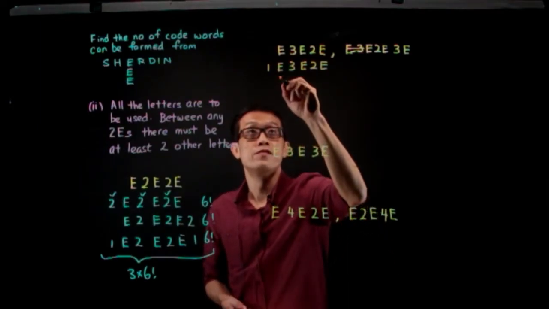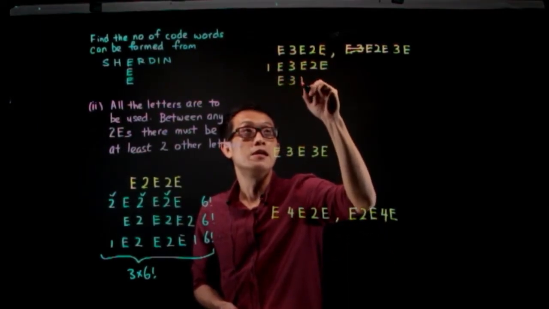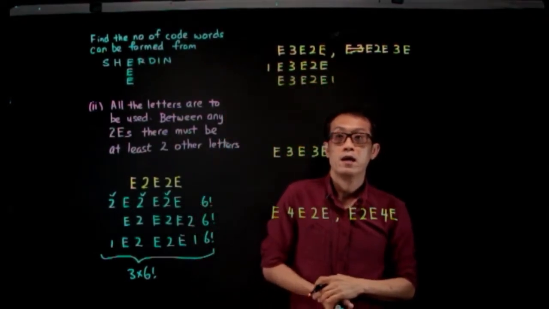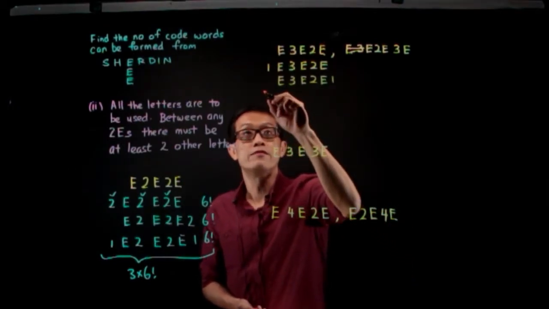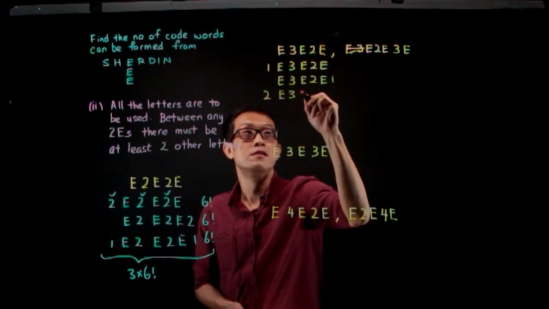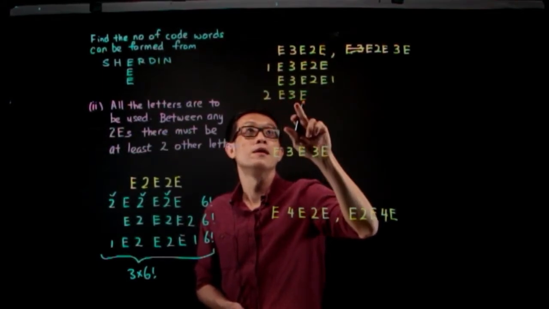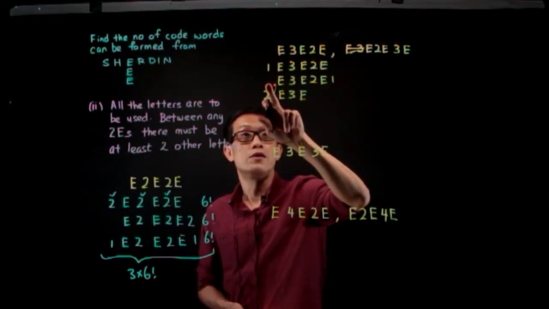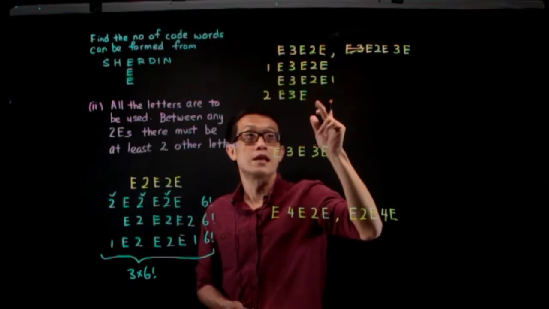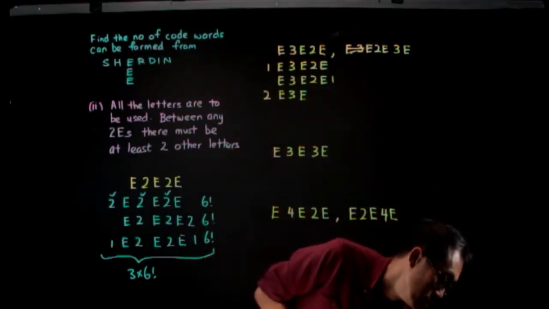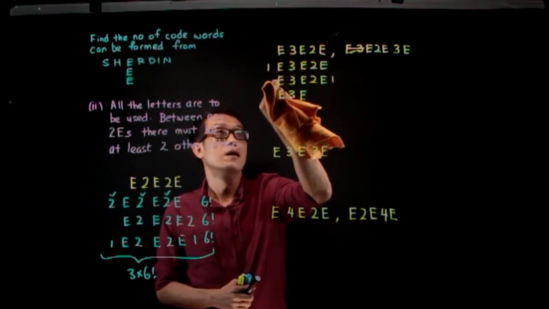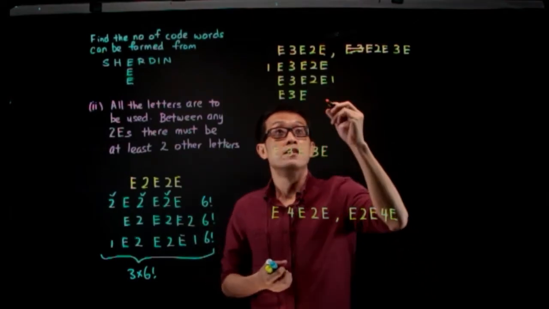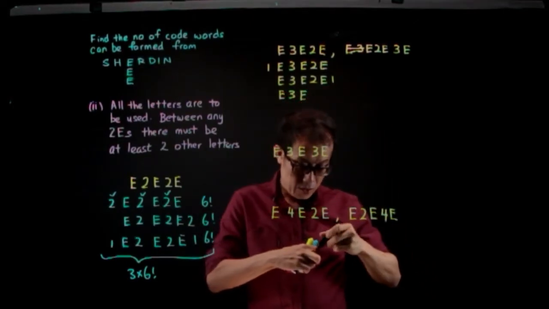Or you can have E, 3 E, you can put the 1 here. Now, or you can have 2 alphabets in front, followed by, no, you can't have 2, sorry, because you will have more than 6. 1, 2, 3, 4, 5, 6. Okay, you cannot have. So I think that's all for this.